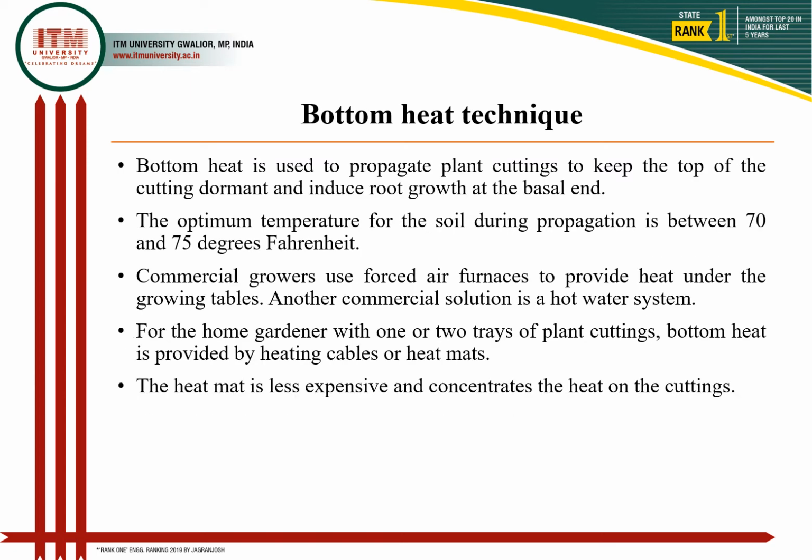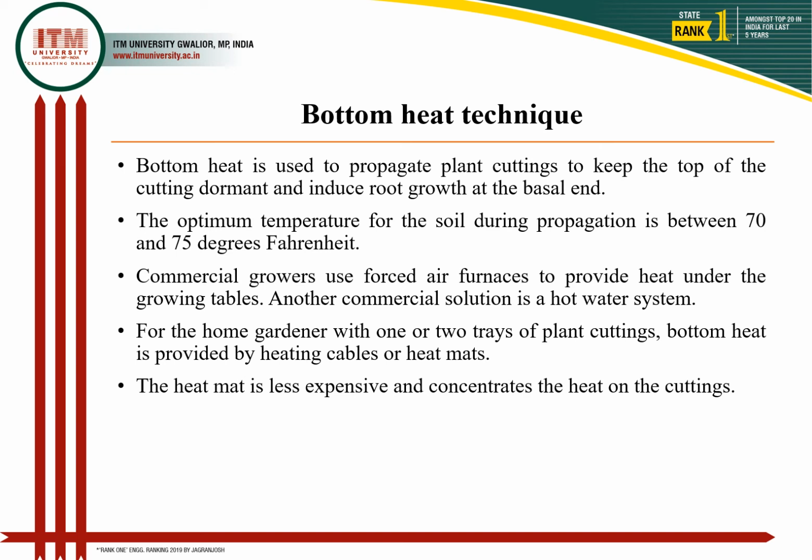Another is the bottom heat technique. This bottom heat technique is used to propagate plant cuttings, and it keeps the top of the cutting dormant and induces root growth at the basal end.